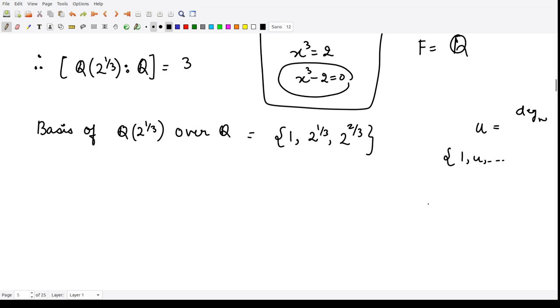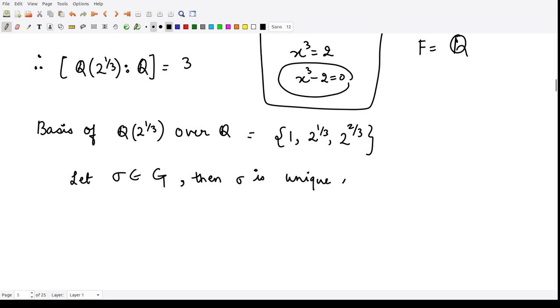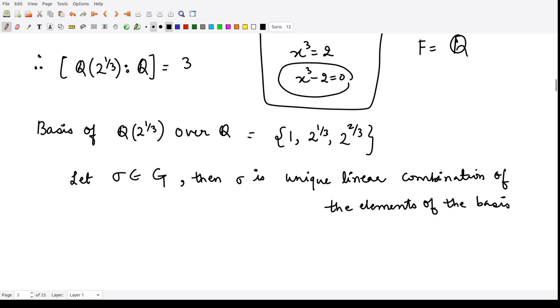So now what we do, we take some mapping sigma. Let sigma belonging to G be the automorphism. Then sigma is the unique linear combination of the elements of the basis. So that means you could write the element as A plus B alpha plus C alpha square.